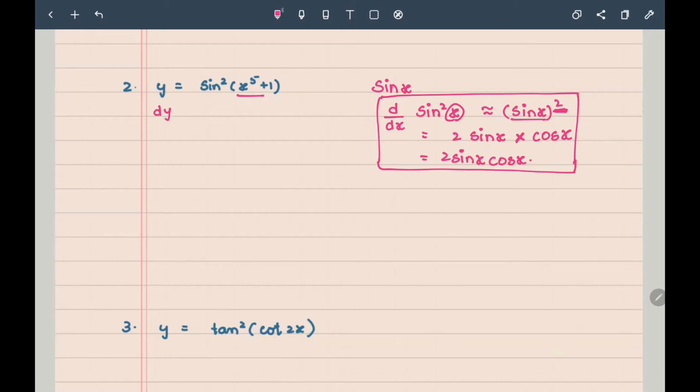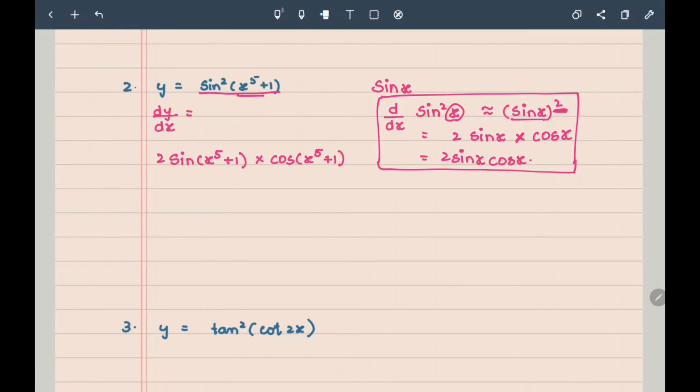So dy by dx is equals to 2 into derivative of the whole square first, sin x power 5 plus 1. Now the derivative of sin x into cos x power 5 plus 1.